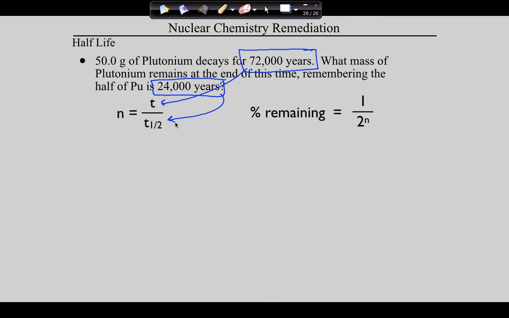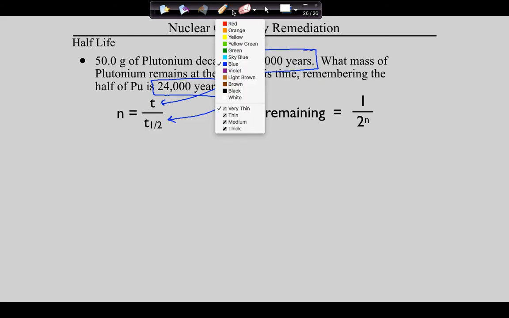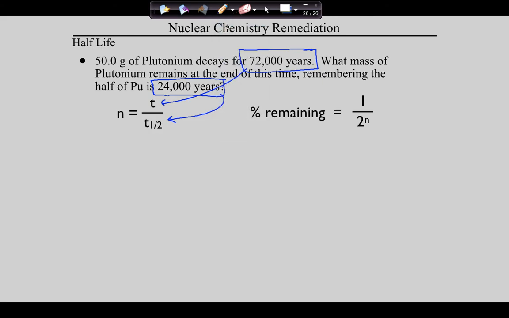Now we need to figure out what we're solving for. And you'll notice in the second sentence, it says, what mass of plutonium remains? So we're trying to figure out the amount remaining, which is essentially the percent remaining. So our goal is to solve for the percent remaining.